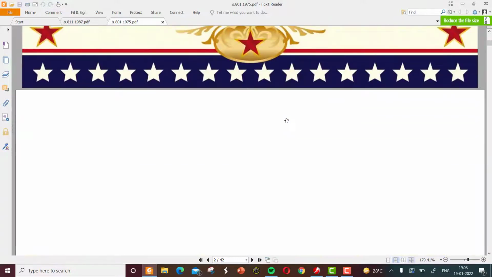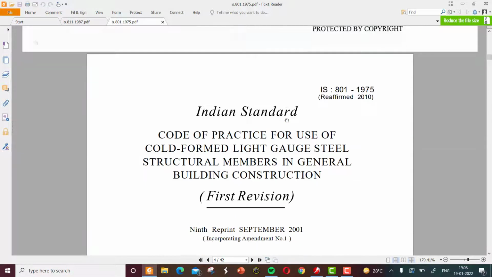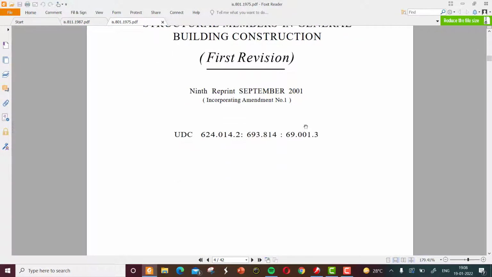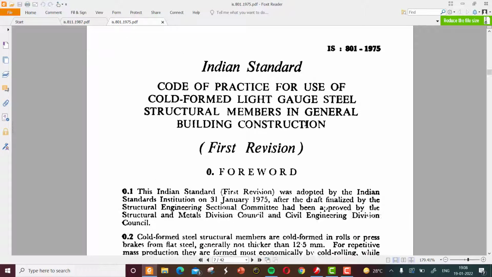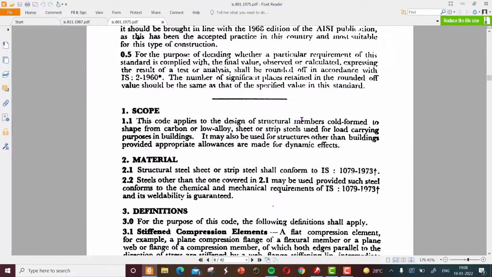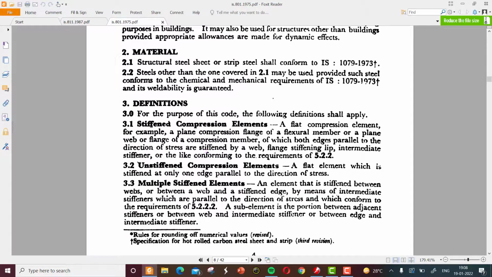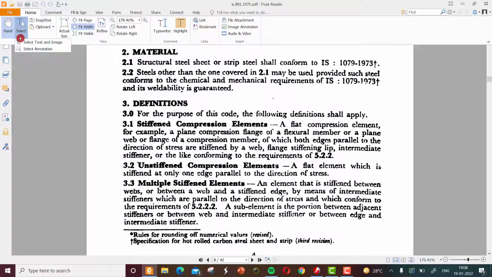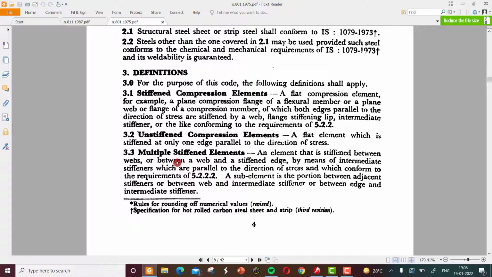Right, and when you scroll, again the title, and the first introduction, then the scope is for the cold formed steel members, and the various definitions we already saw in the last video: stiffened compression elements, unstiffened compression elements, multiple stiffened elements.